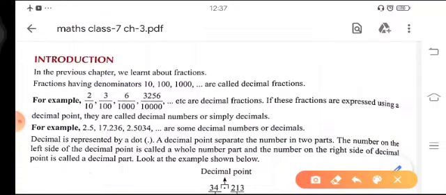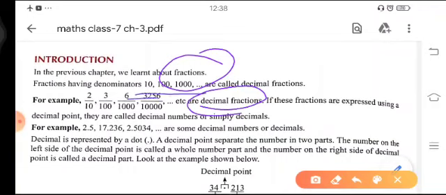See, in your previous classes you had learned about fractions. So when we represent fractions in decimal form, they are known as decimal fractions. Fractions having denominators 10, 100 and 1000 are known as decimal fractions.